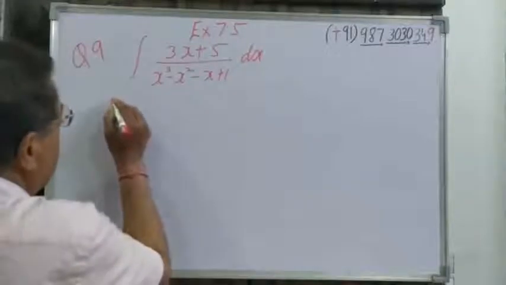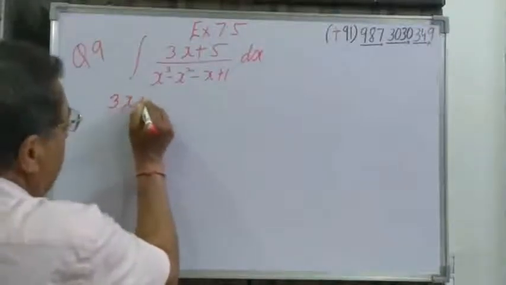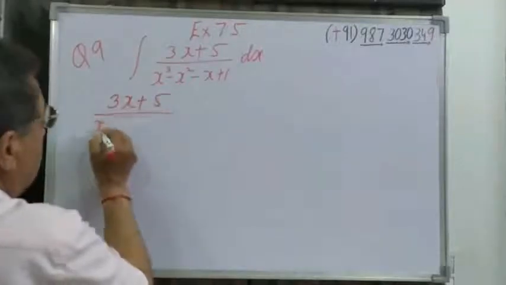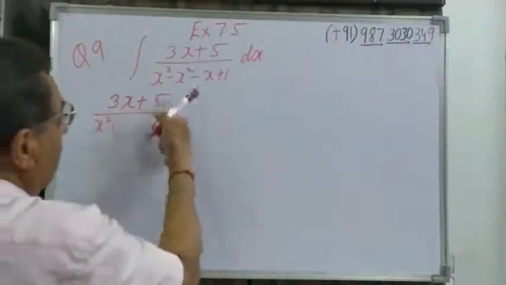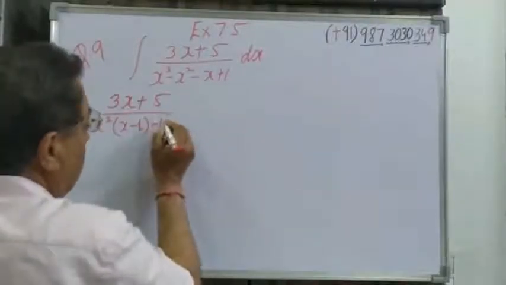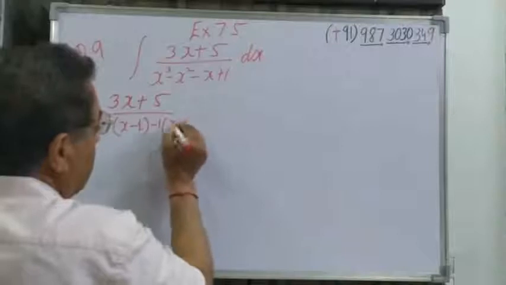So let us do 3x plus 5 divided by, the common factor seems to be x square. When x square is taken out, we get x minus 1, and taking minus 1 common, we get x minus 1.